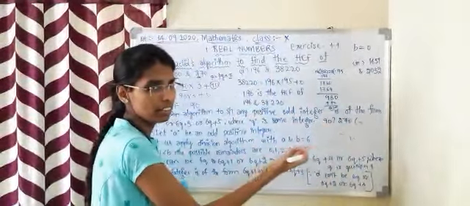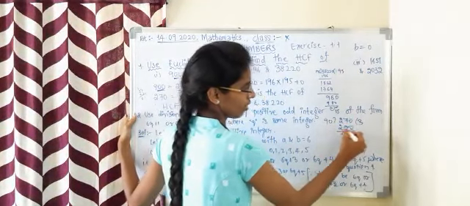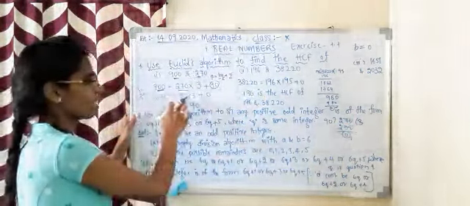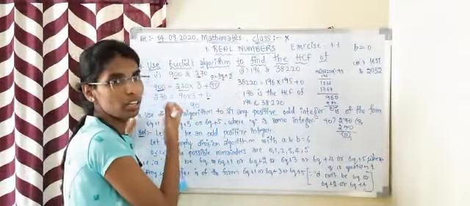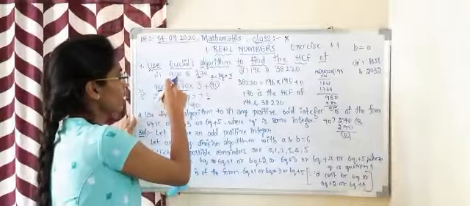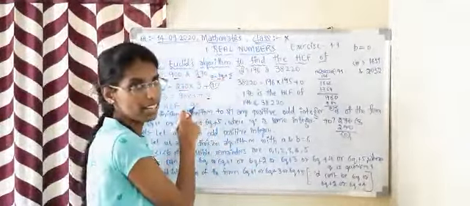In simple terms, 9 threes are 27, therefore 90 threes are 270. The remainder is 0. So 270 can be written as 90 into 3 plus 0. As we got 0 as the remainder, we conclude that the HCF of these two numbers is 90. The B value is considered as the HCF.